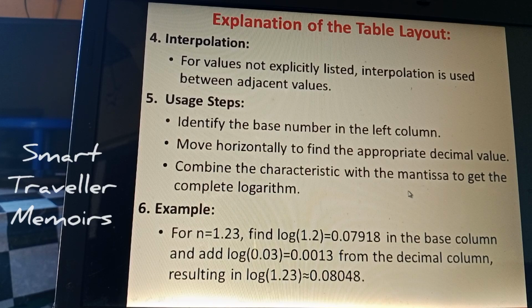For example, for n = 1.23, find log 1.2, which is 0.07918 in the base column, and add log 0.03, which is 0.0013 from the decimal column, resulting in the logarithm of 1.23 being 0.08048.